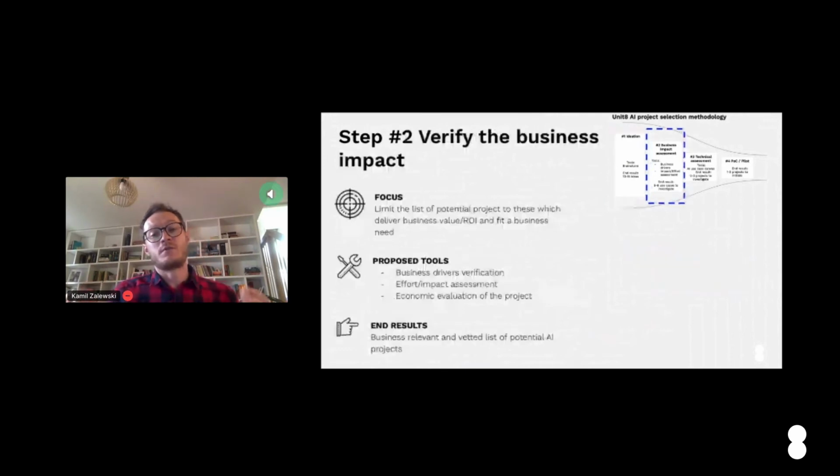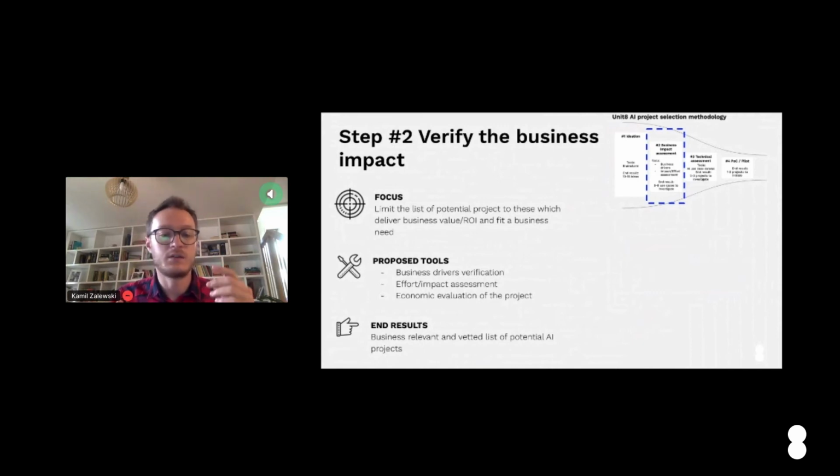So step 2. By this time you have a list of several ideas, and now you're starting to think from the ROI, the business value perspective. Because as we mentioned, successful AI projects carry some business impact. So in here, we're also using different tools.